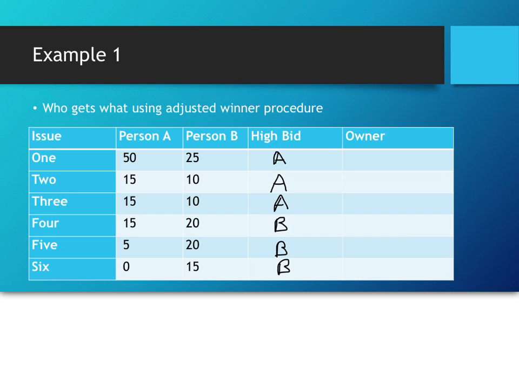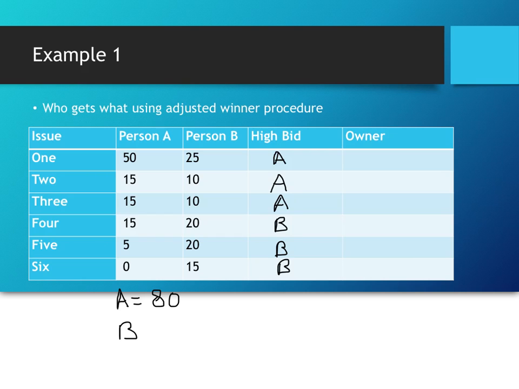You calculate all of the points spent by A. A has spent 50, 15, 15. So A has spent 80 points.